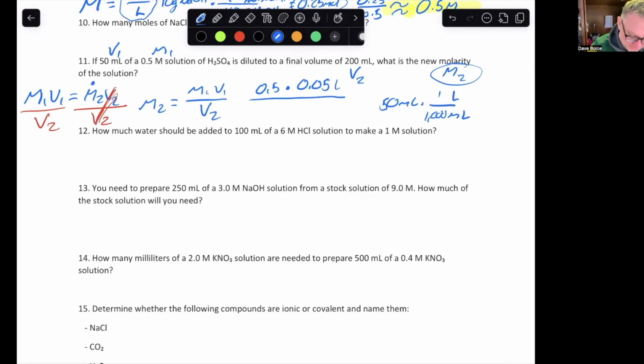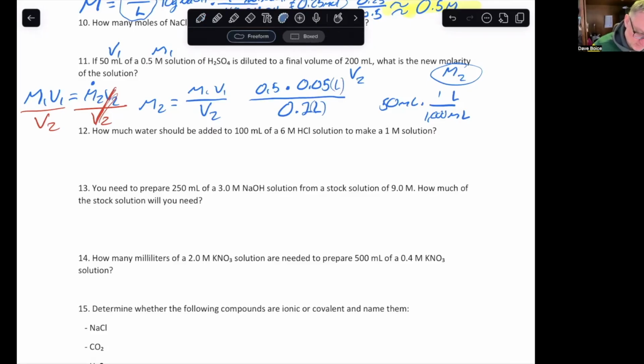Okay, and my V2 is 200 milliliters. So I'm going to put that through the exact same thing, but instead of 50, I'm going to have 200. Remember, our conversion factors should work no matter what number we're using for our math. And if I put 200 in there, I'm going to get 0.2 liters.